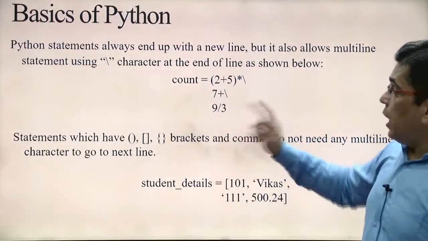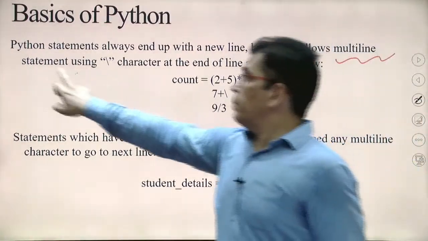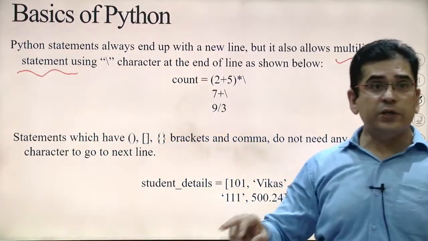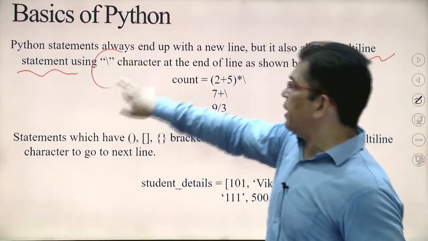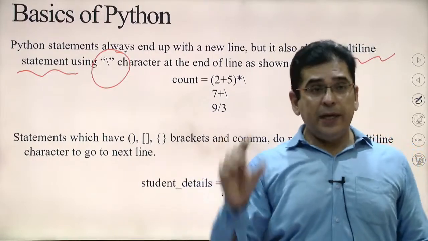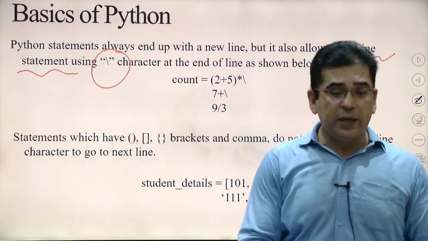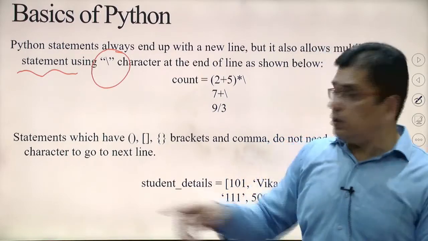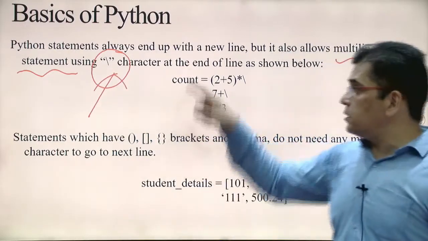Okay, another interesting feature, multi-line statements. Python allows you the functionality of multi-line statements. The slash character is used for this purpose. If you do not want to write text in a single line, but you want the interpreter to treat it as a single line text, then this special character is used, that is the slash character.